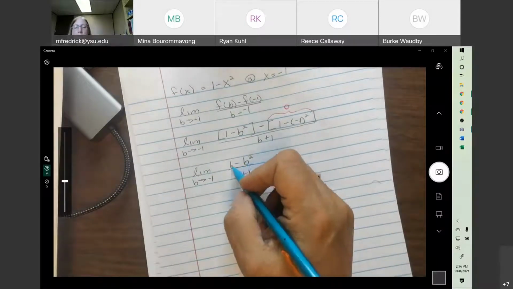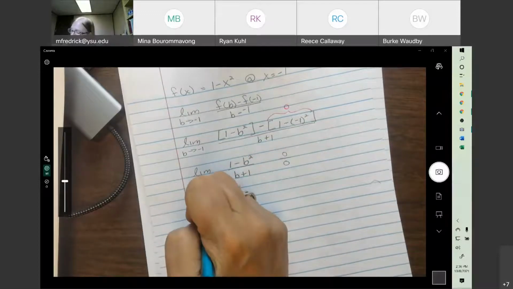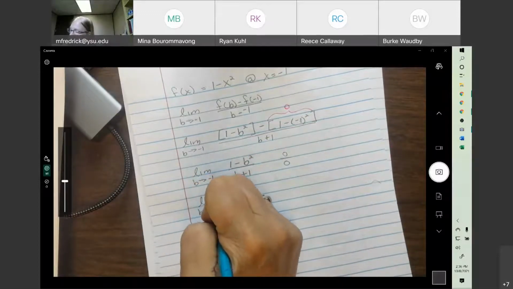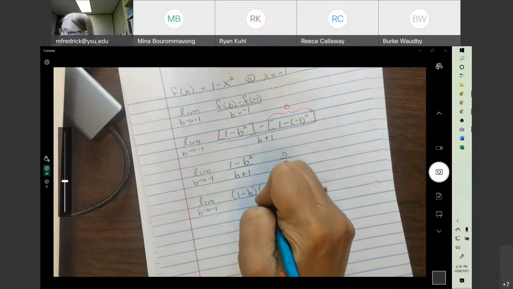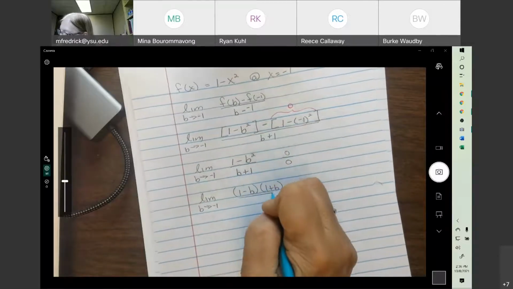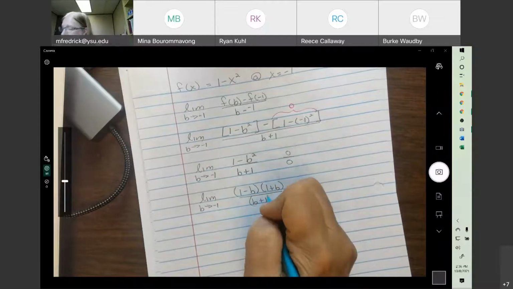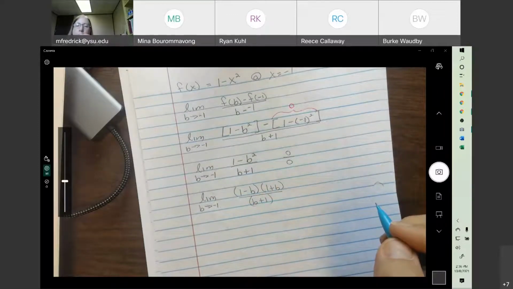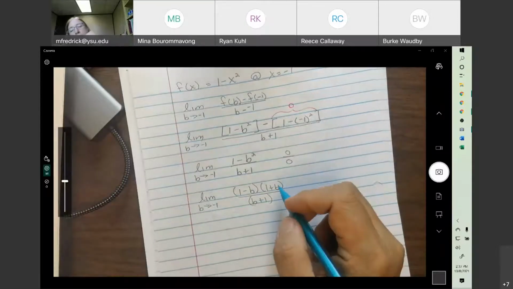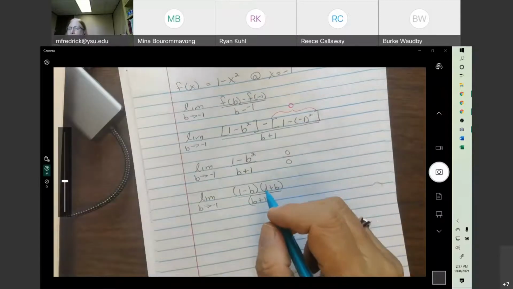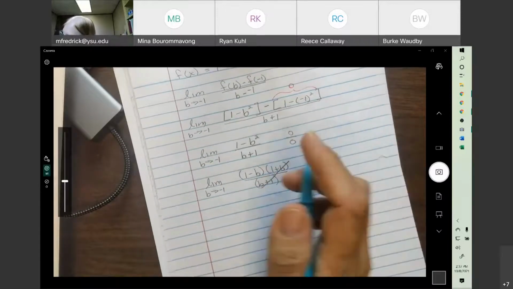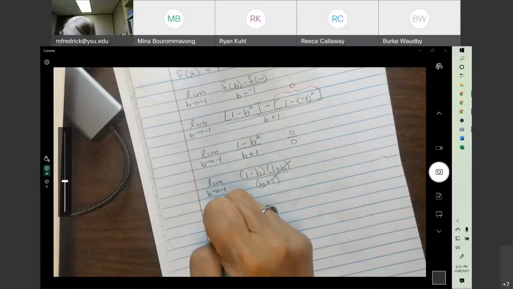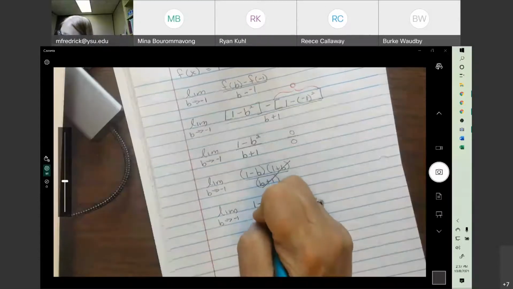But this top is perfect squares. This will factor. 1 minus b squared is 1 minus b times 1 plus b. Any questions? Now these two are the same because the ones are both positive and the b's are both positive. We can cancel this. We have the limit as b approaches negative 1 of 1 minus b.